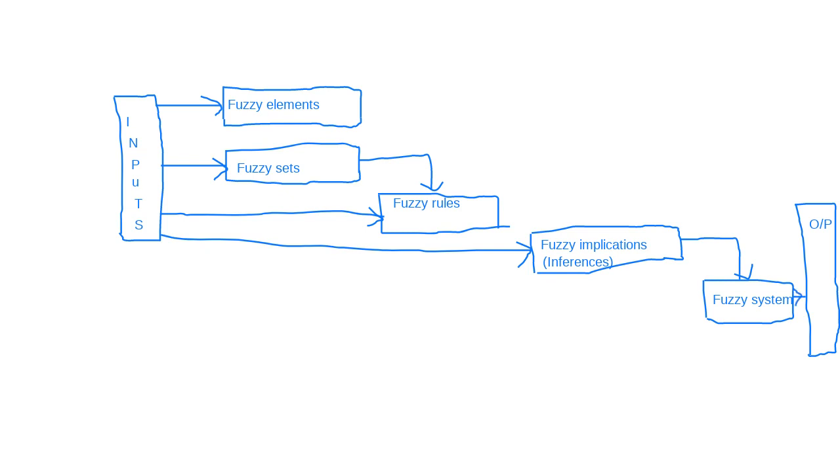This is the concept of fuzzy system. Right, so here you have input and output at the boundaries. The main point to note is that we give input to the system in the form of crisp value.